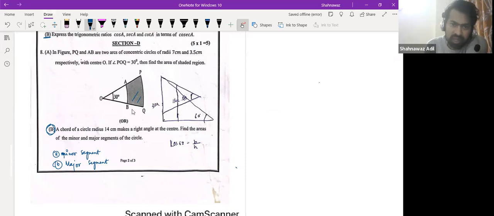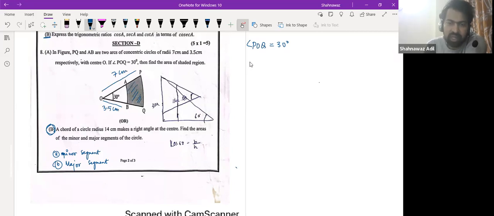We are given this angle POQ, which is 30 degrees, and then you have to find the area of the shaded region. The radius OP is 7 centimeter, and the smaller radius OB, or OD, is 6.5 centimeter. So you have to find out the shaded region.